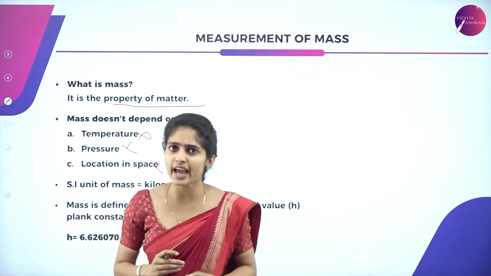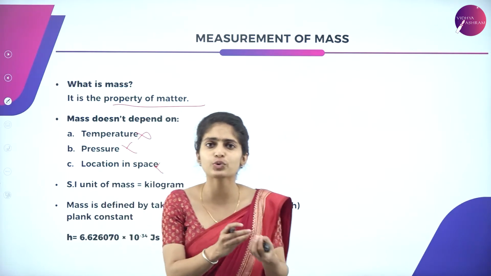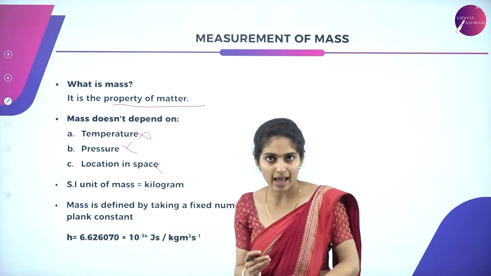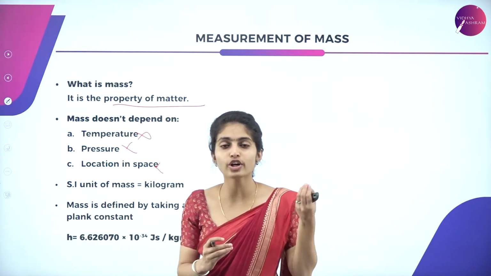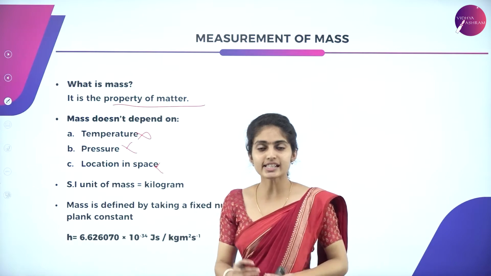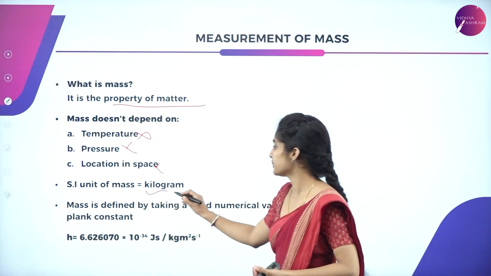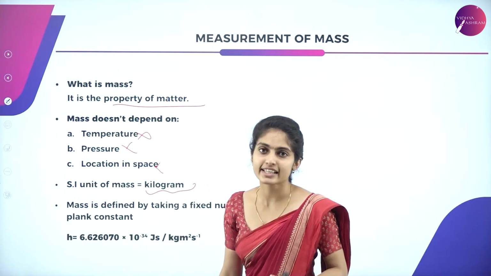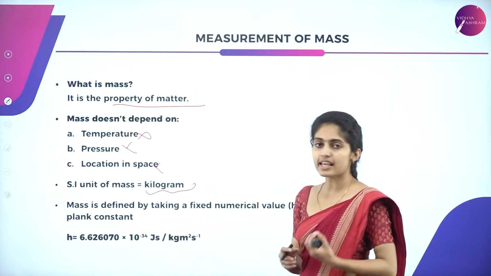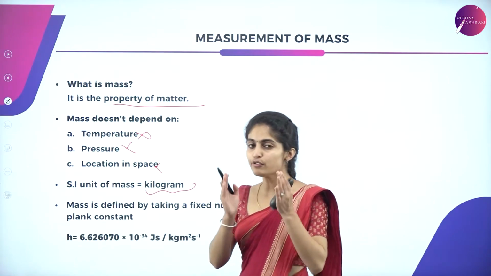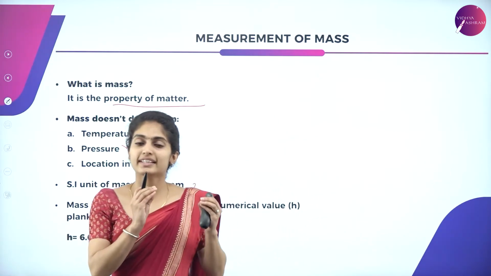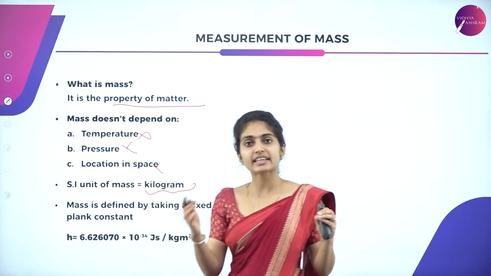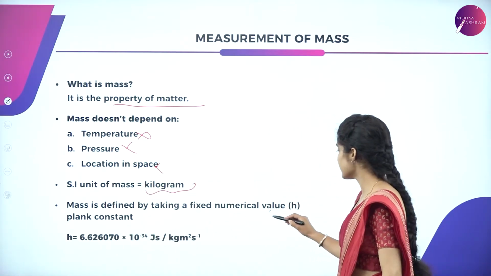In order to measure mass, what unit do you use? It is the kilogram, in short kg. The SI unit of mass is the kilogram. Mass is defined by taking a fixed value, by taking h. So what is h?